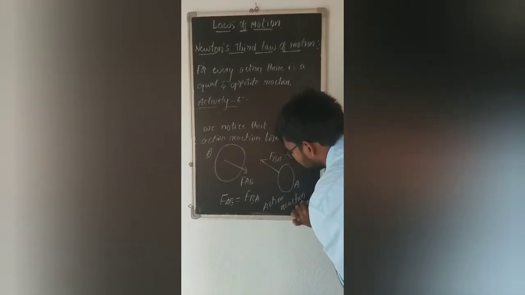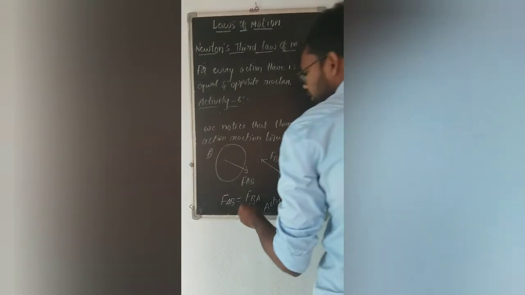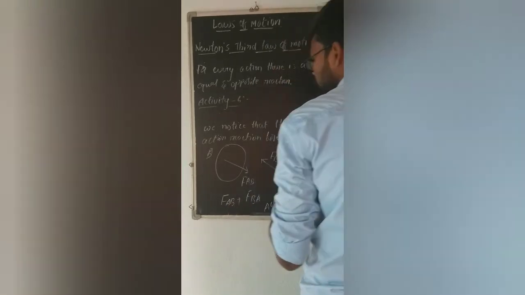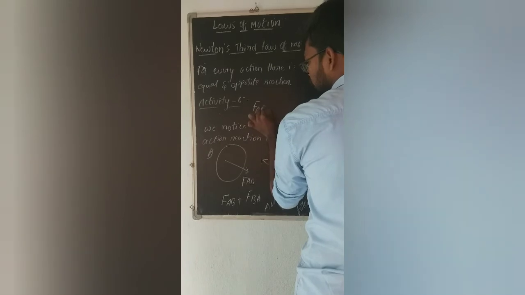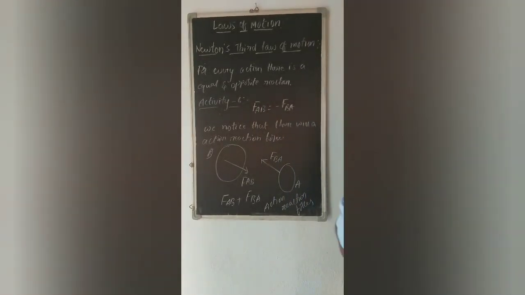If we write these two like this, then FAB equal to minus of FBA. Okay, minus of FBA. This is about Newton's law of motion.